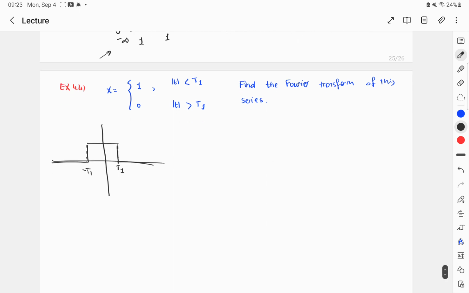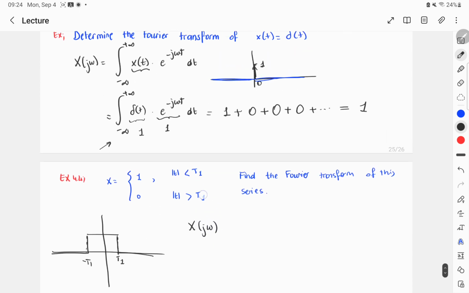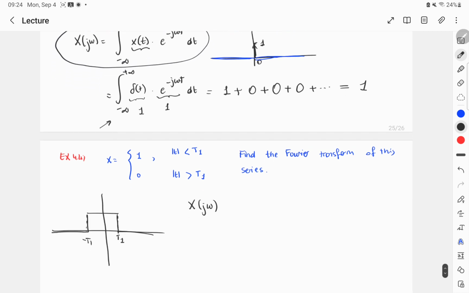So let us find the Fourier transform series. Now, I will directly apply the formula here, as always. Since our function is 0 in other places, we can directly write, instead of minus infinity to plus infinity, from minus T1 until T1.